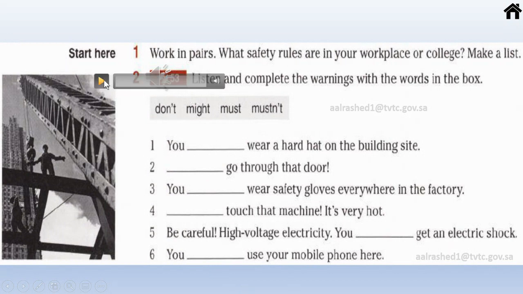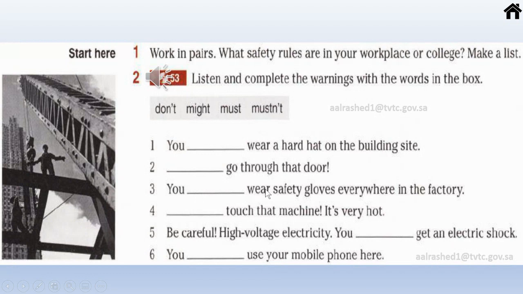Okay, let's check and start the listening. Unit 10, Safety. Recording 53. 1. You must wear a hard hat on the building site. 2. Don't go through that door. 3.